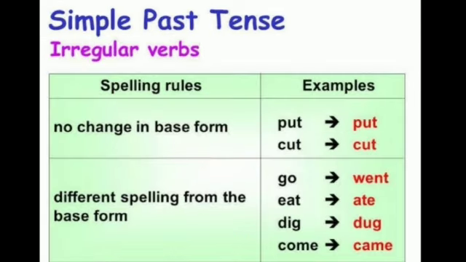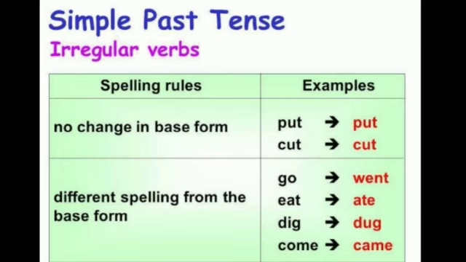In simple past tense, some verbs are irregular verbs, which means they change differently. For example, put, put, put. It remains the same, so there is no change from the base form. Then cut, cut, cut. These spellings remain the same.